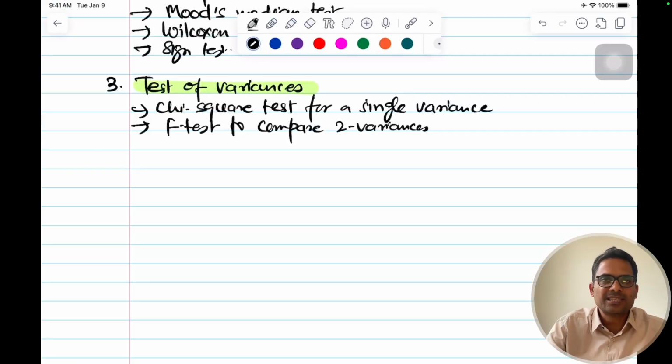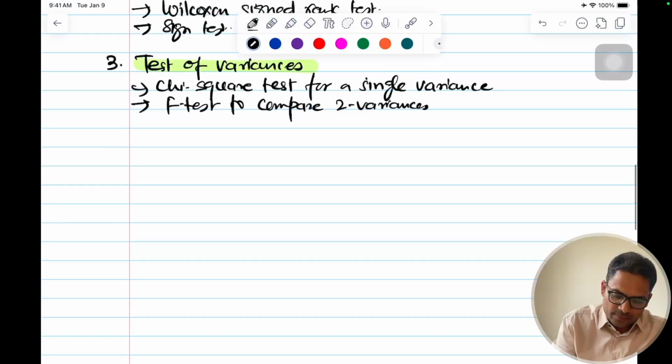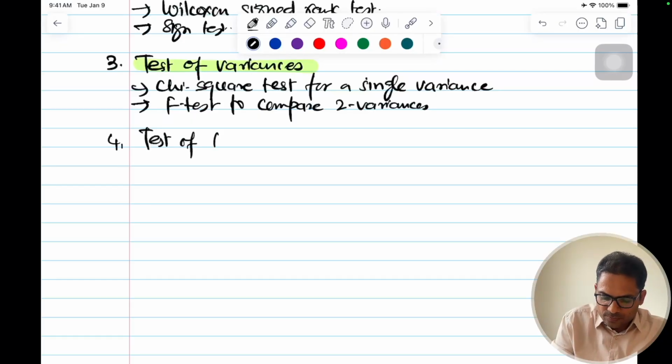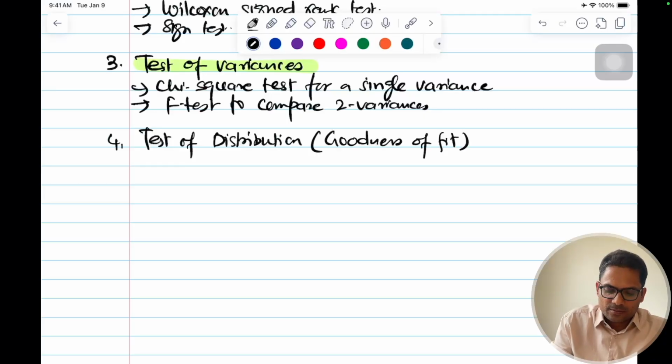Then we have tests of distribution, or commonly we say goodness of fit. This is the more common nomenclature, goodness of fit.